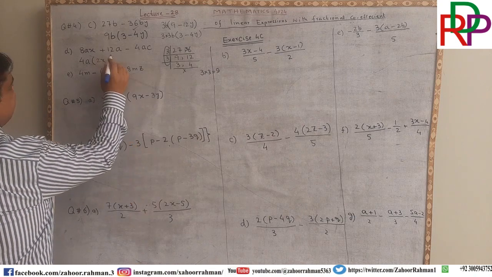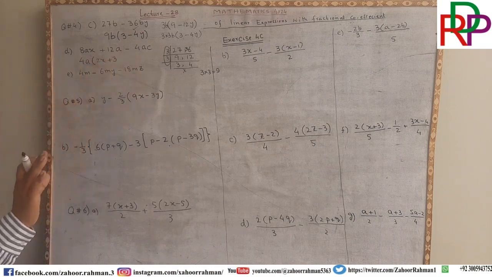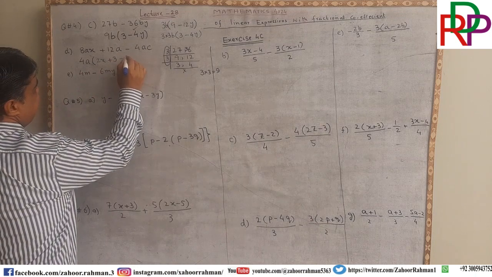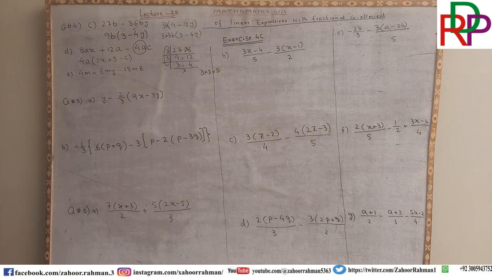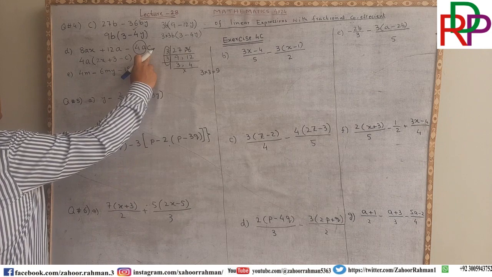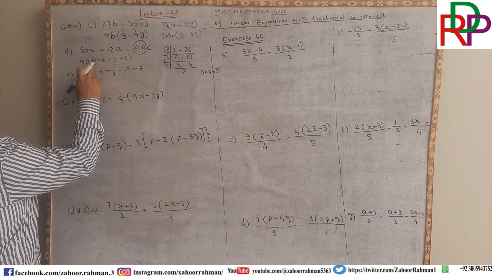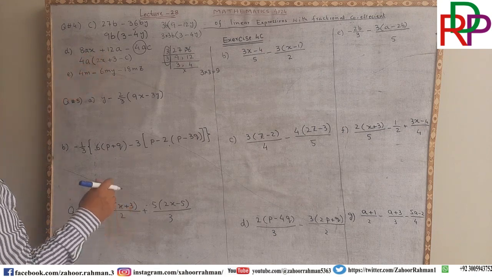And then for 3, A is a common one, so we have to leave it as it is. And then minus C, because we took this 4A as a common one. So only C is remaining. Ladies and gentlemen, let me remind you that when you multiply this with this, again you will get the same answer. If you are not taking this as a common one, and not getting the same answer, then you did wrong.